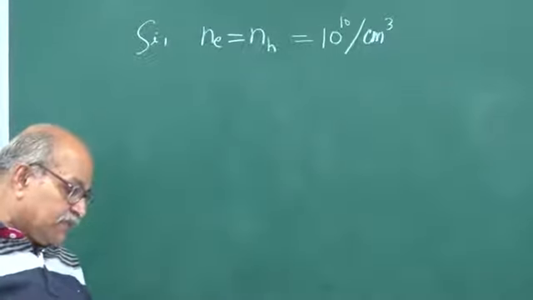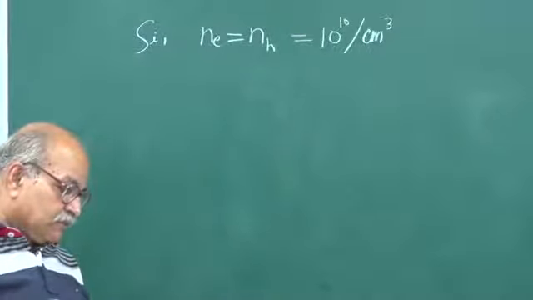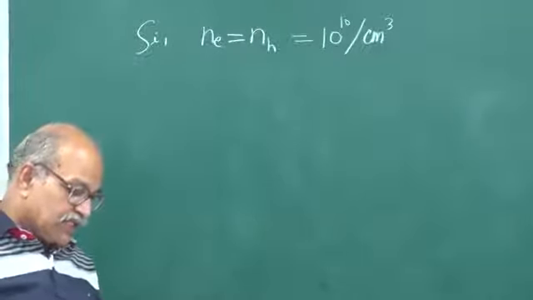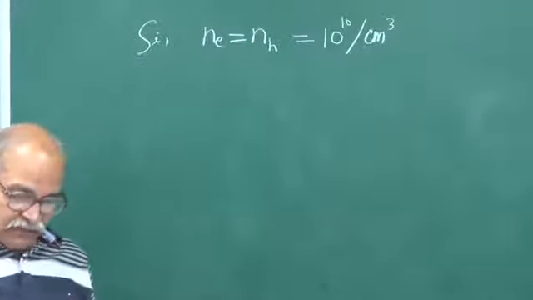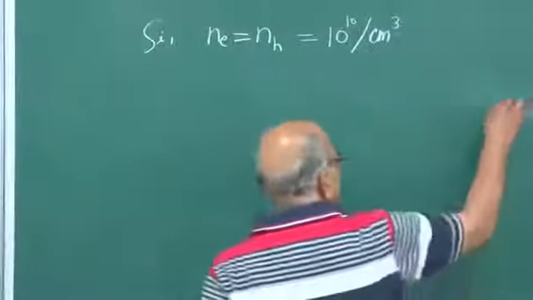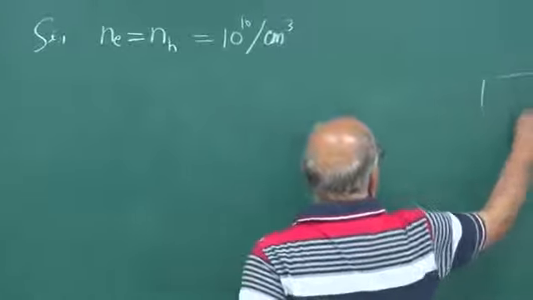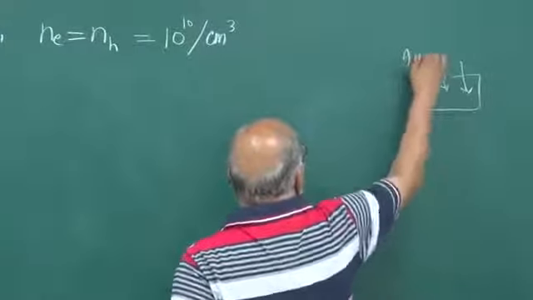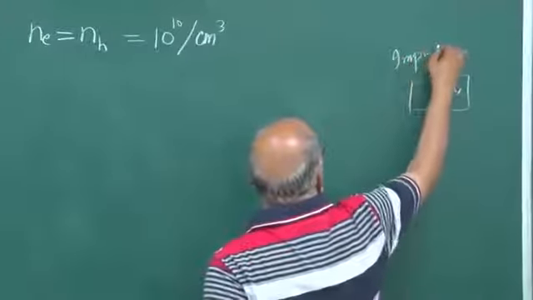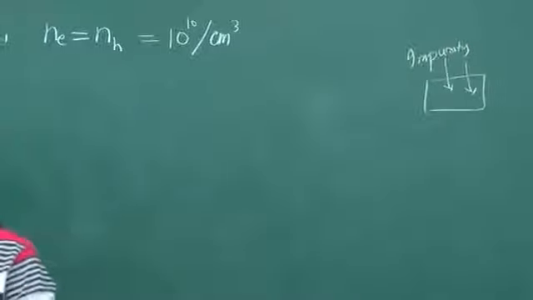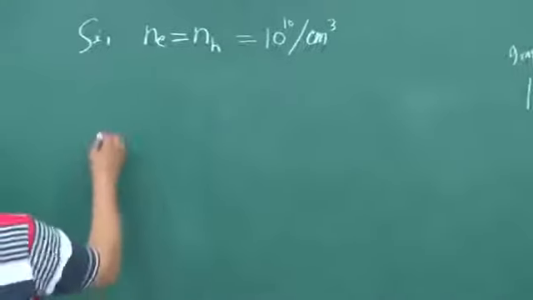A p-type semiconductor is made by doping impurity with concentration 10 power 17 per centimeter cube. So in this silicon, which is intrinsic, you dope some impurity, and that impurity concentration is 10 power 17.